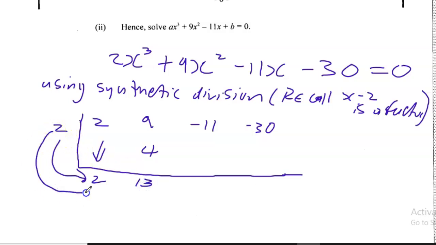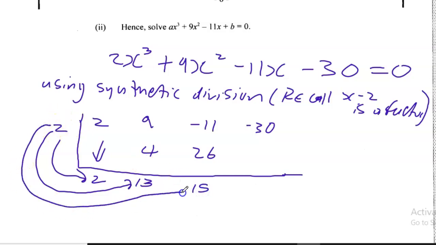I say 2 times 13, that's 26. Negative 11 plus 26, that's 15. And I say 2 times 15, that's 30. Negative 30 plus 30, that's 0. So this 0 represents the remainder, which is what we expect since x minus 2 is a factor.